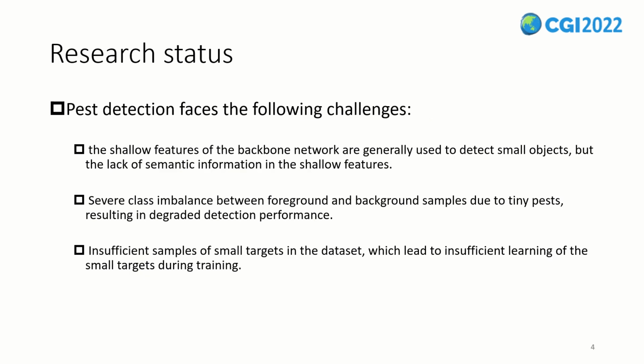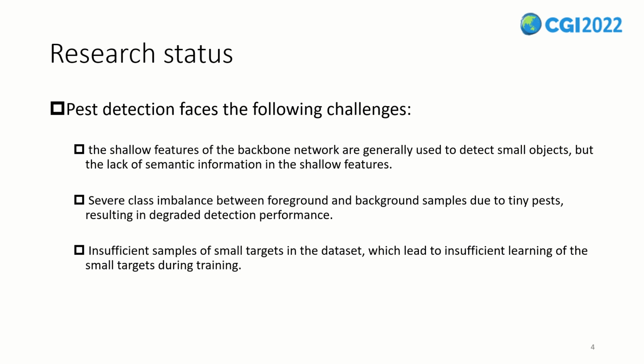In view of the challenge and the particularity of pest identification, object detection based on deep learning has also been applied by researchers to the field of pests. But there are still limitations in pest detection. Firstly, the shallow features of the backbone network are generally used to detect small objects, but there is a lack of semantic information in the shallow features.